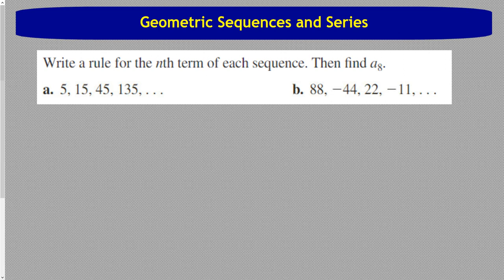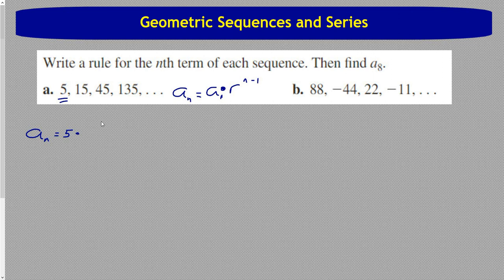Okay, so if we're going to write a rule for these, let's write down that general form again real quick. A sub n is equal to a sub 1 times r to the n minus 1. So we need to identify those things in this first pattern, right? So the first term part is easy. That's 5. It's the first term. Times r.